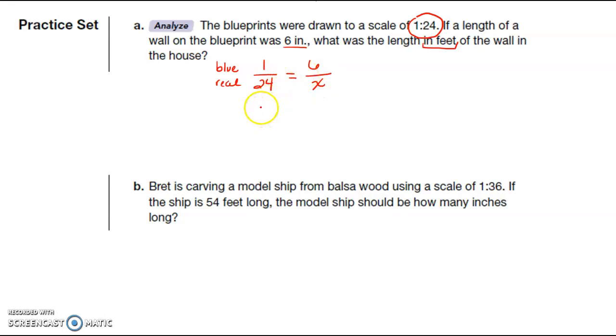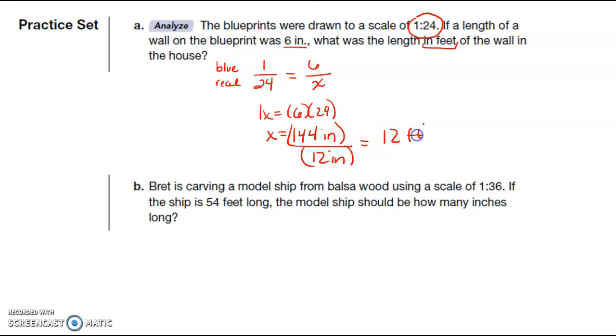We're going to have 1x is equal to 6 times 24. So x is equal to 6 times 24, which is 144. Now this is inches. To go from inches to feet, I have to divide by 12, which gives me 12 feet.